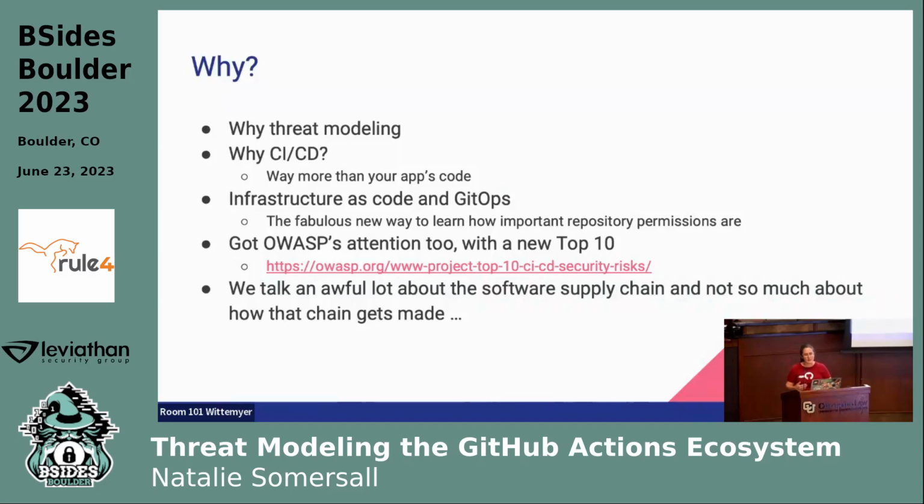And this gets even more, I would say, a little scary once we start thinking about GitOps and infrastructure as code, because it is a fabulous new way to learn how important repository permissions are. I learned that in my very first experience with GitOps with a tool called SaltStack, still around, but not quite as popular as it once was.